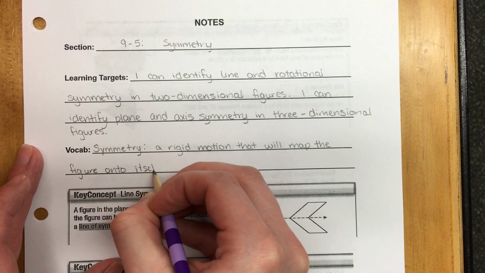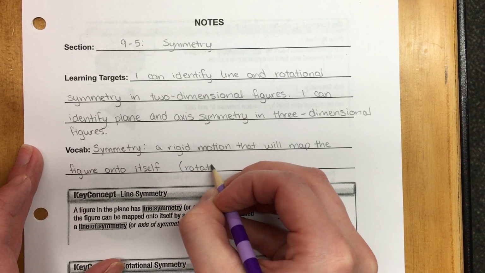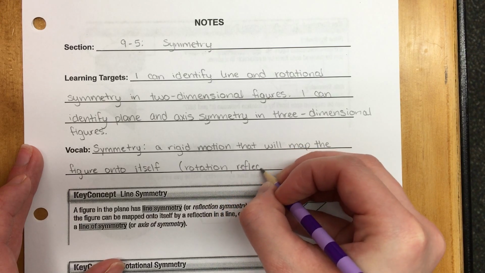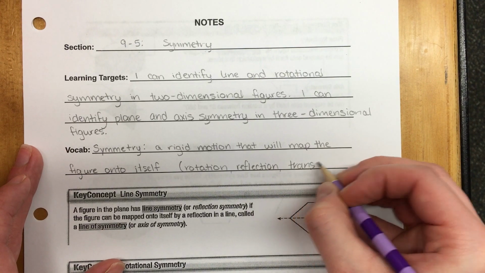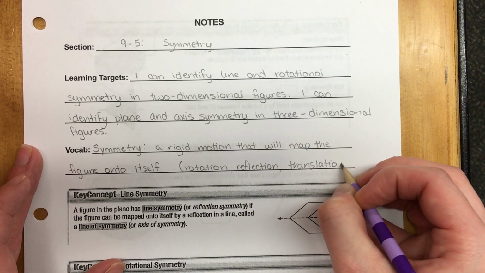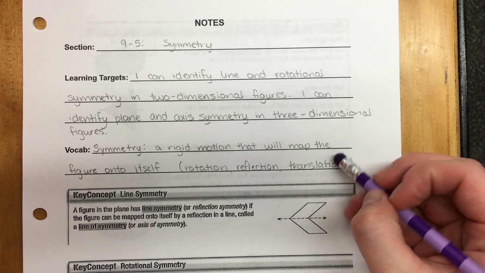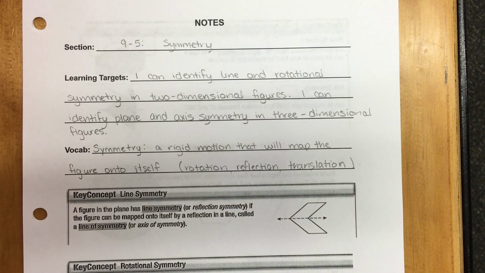So those motions are a rotation, reflection, translation, also glide reflections. So if we did one of those, our figure would be symmetrical on both sides.